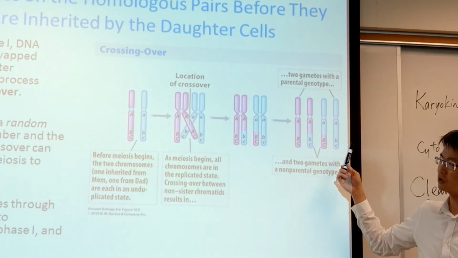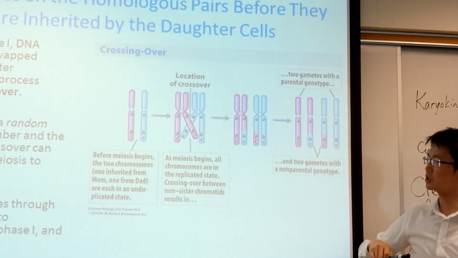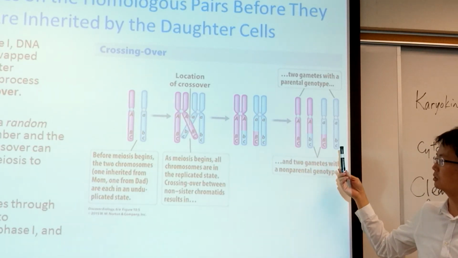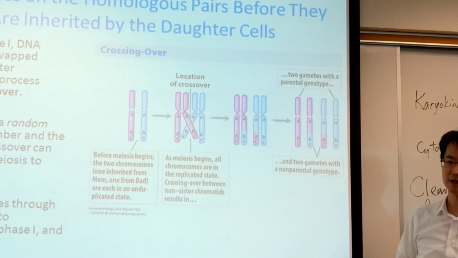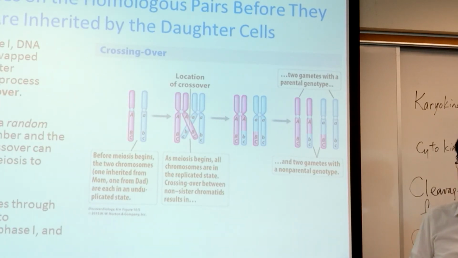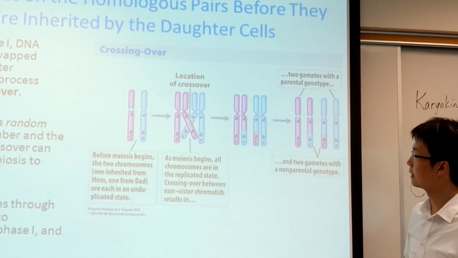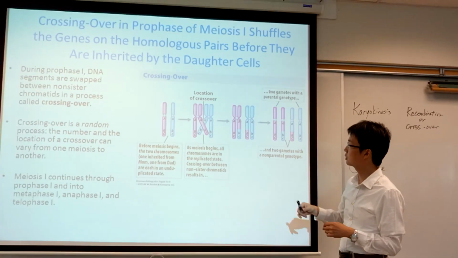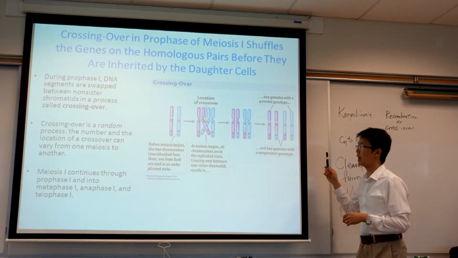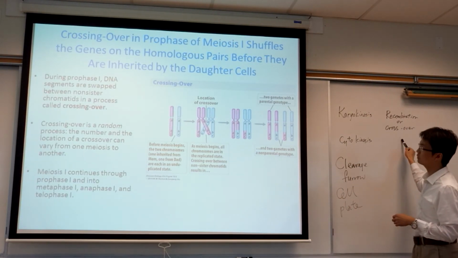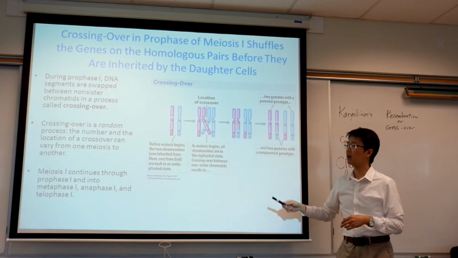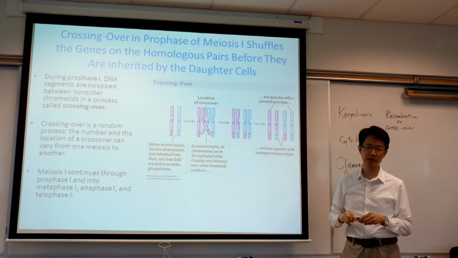Here, the purpose of touching and grinding each other of your parents' chromosomes is to increase genetic diversity. This is the main reason, to increase genetic diversity. So remember, recombination or crossover occurs in prophase. And the main reason is to increase genetic diversity.